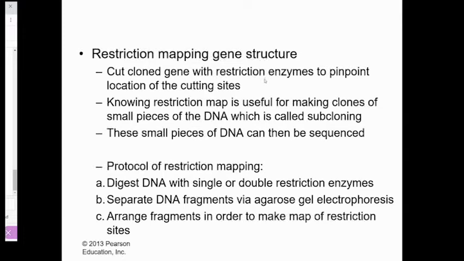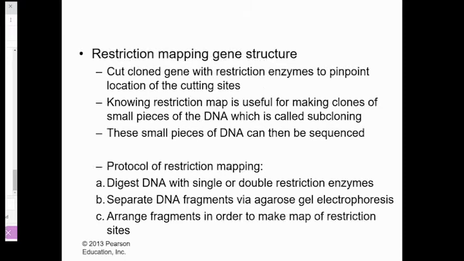You cut the cloned gene with restriction enzymes to pinpoint the location of the cutting sites. Knowing the restriction map is useful for making clones of small pieces of DNA, which is called subcloning, and the small piece of DNA can then be sequenced.